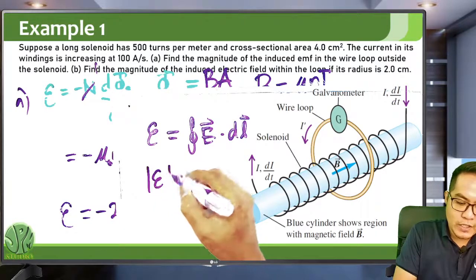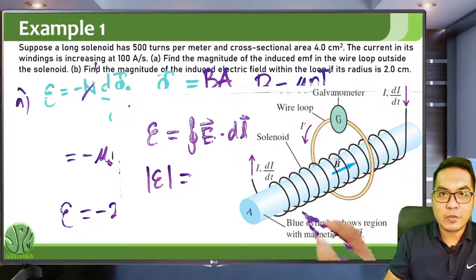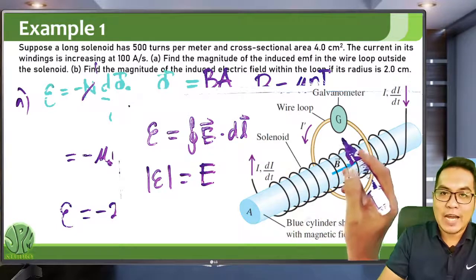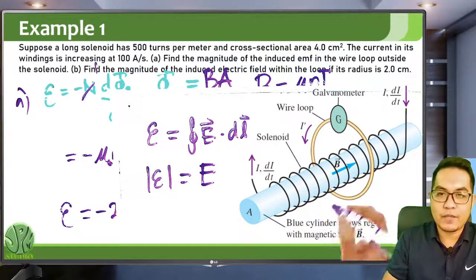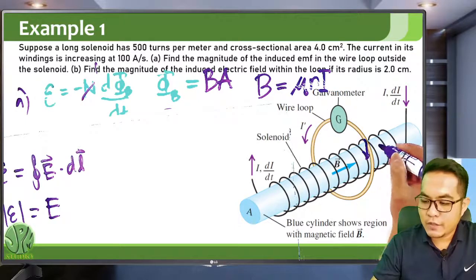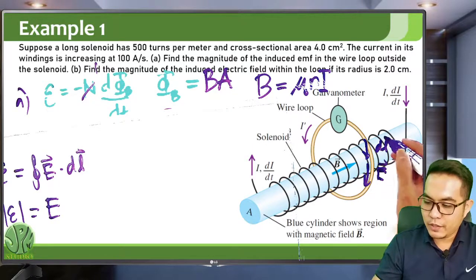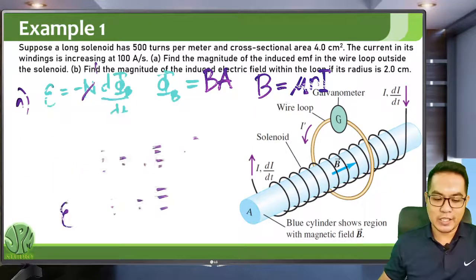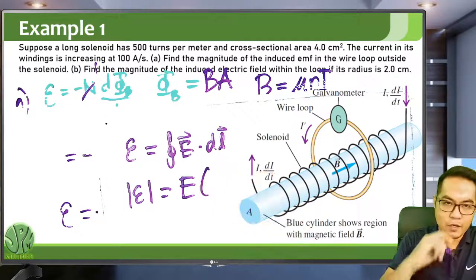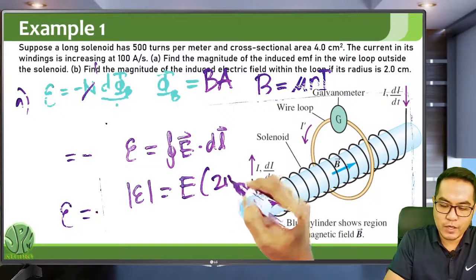So we'll only get the magnitude. The electric field at all points in the loop is the same. It's constant, so you can take it out of the integral. So it just becomes E dl. And the electric field and dl are in the same direction. They are parallel, so E dot dl is just E dl. So you have E, and the integral of dl is just the total length of the loop, in this case 2 pi r.